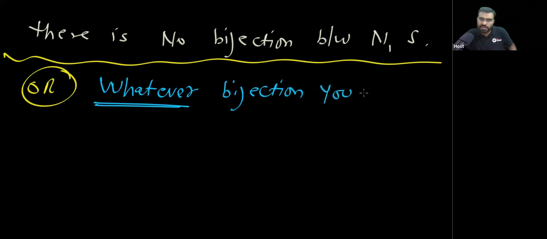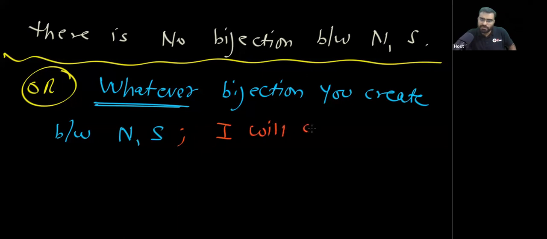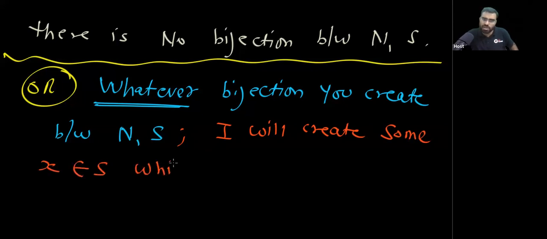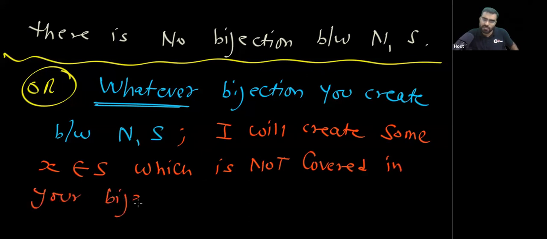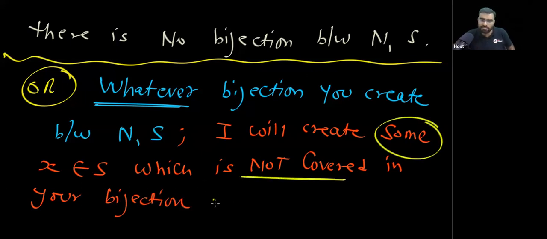Whatever bijection you create between N and S, I will create some X belonging to S which is not covered in your bijection. Whatever bijection you create, I will create some element X which is not covered.